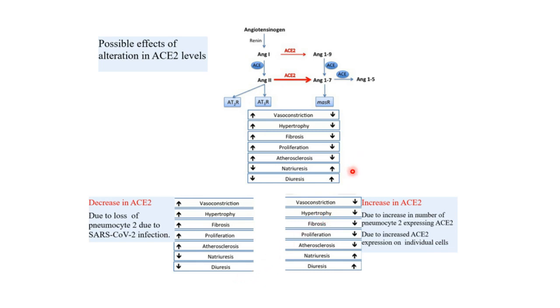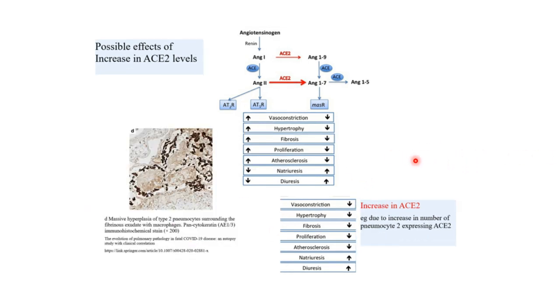So if you have increase in ACE2, then this pathway will take place. Angiotensin 1 is converted to angiotensin 1-9, angiotensin 2 is converted to angiotensin 1-7, and you will get these effects taking place. So, possible effects of increase in ACE2 levels.